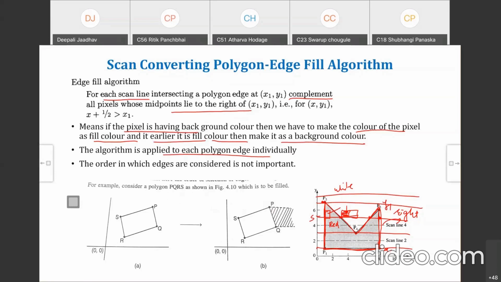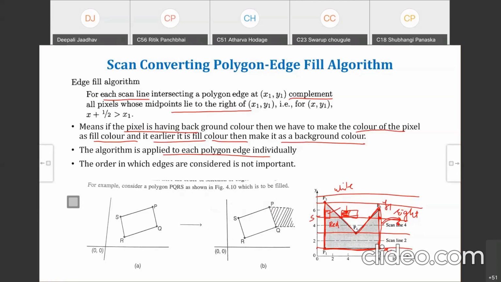Once again, for each scan line intersecting a polygon edge at x1, y1, complement only those pixels which lie on the right of x1, y1. Complement means if it is in background color, convert it into the polygon color; if it is in polygon color, convert it into the background color.